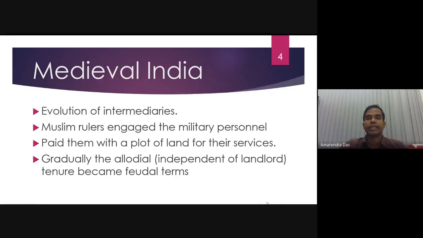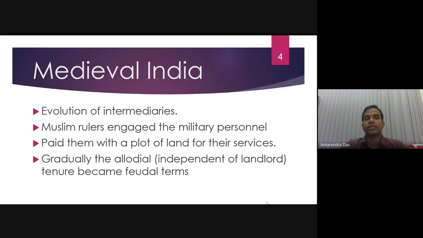Muslim rulers engaged military personnel for collecting the revenue from the cultivators, and the Mughals paid these intermediaries with a plot of land for their services. So some intermediaries were paid some amount of land, and they were in charge of collecting the revenue from the cultivators on behalf of the king.